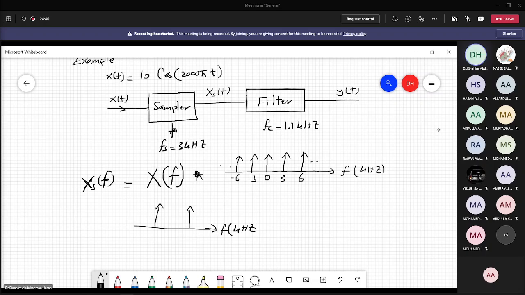Here 10 divided by 2 is equal to 5 and 5, and here f is equal to 1 kilohertz, so this will be 1 and minus 1. Okay, so we remove all of these. Take this one here.